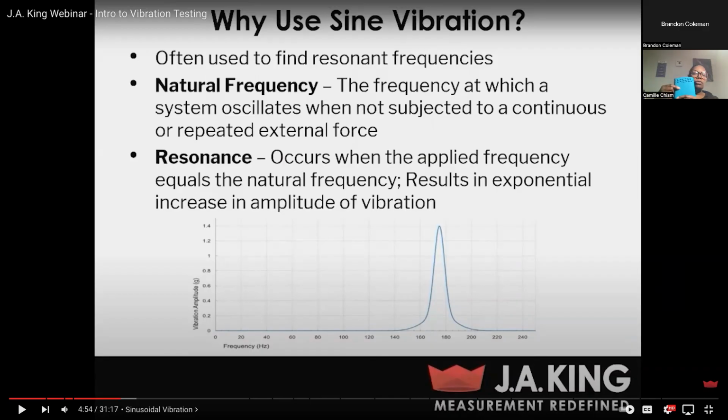And when those two meet, it amplifies that. So instead of it shaking like this, that part inside of the stereo that has that natural frequency, when it's on a truck, instead of just moving at that same frequency, it actually increases. That can cause it to shake and cause a lot of damage. And that's what this is graphed out on this chart. This might be the natural frequency.